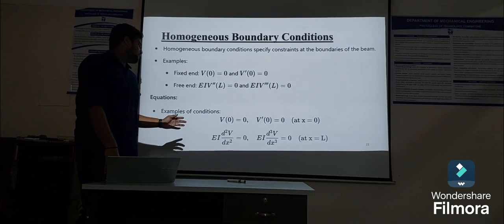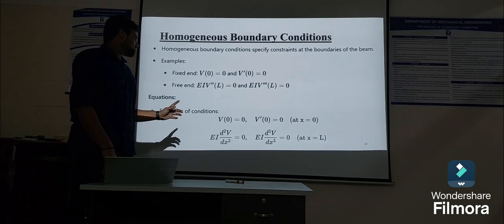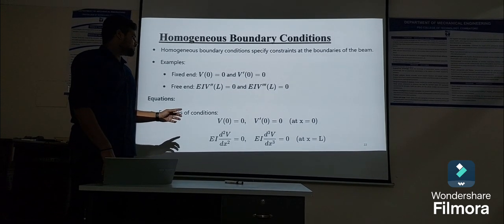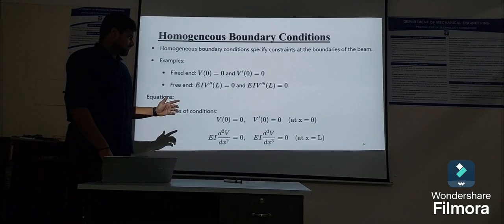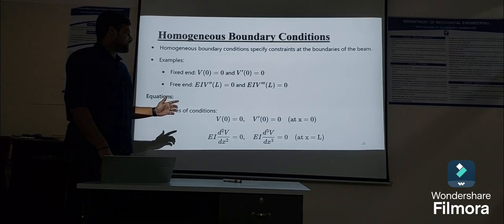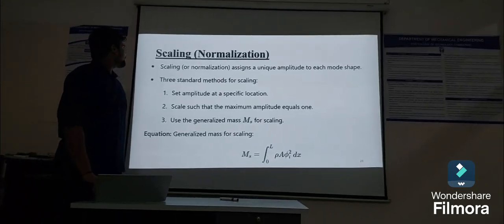EI d^2v/dx^2 is equal to 0, EI d^3v/dx^3 is equal to 0 at x is equal to L.